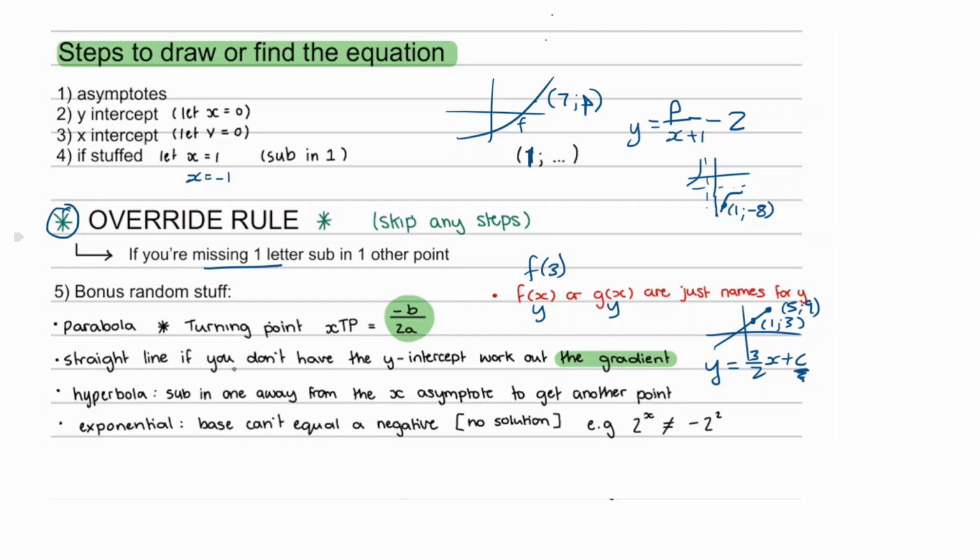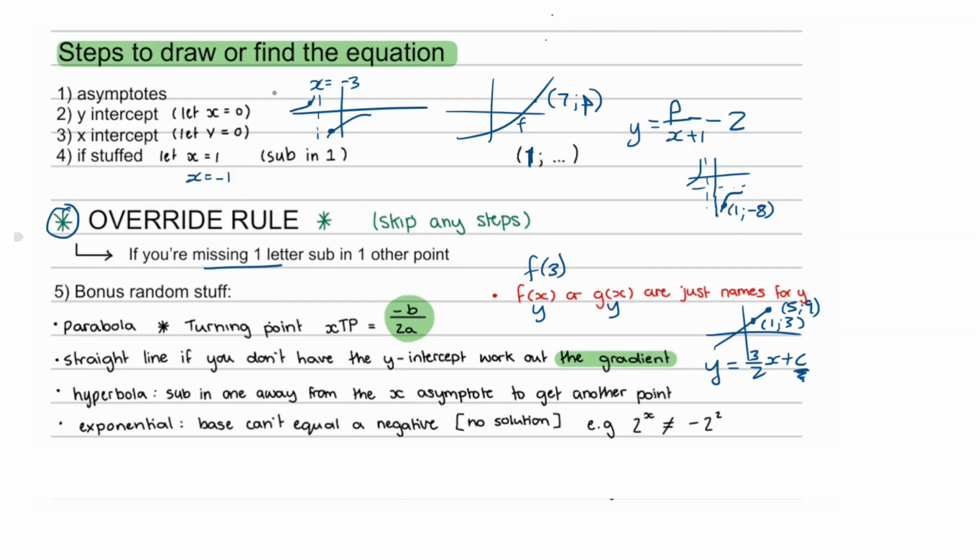In a hyperbola, rather than just automatically, when you're stuffed, subbing in 1 or minus 1, it's helpful to sub 1 away from the x asymptote to get another point. So if you've got an x asymptote of minus 3 and you're feeling a little bit stuffed and you're not sure what point to put on these 2 graphs, I would just sub 1 away.